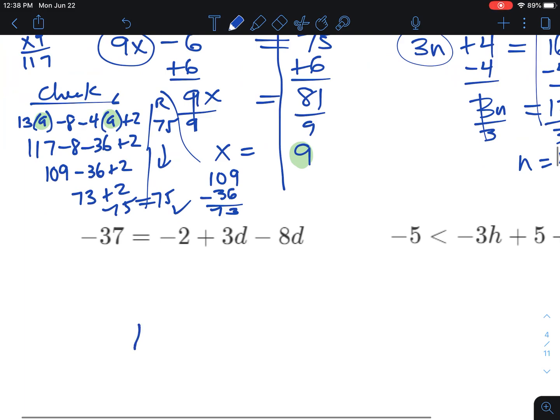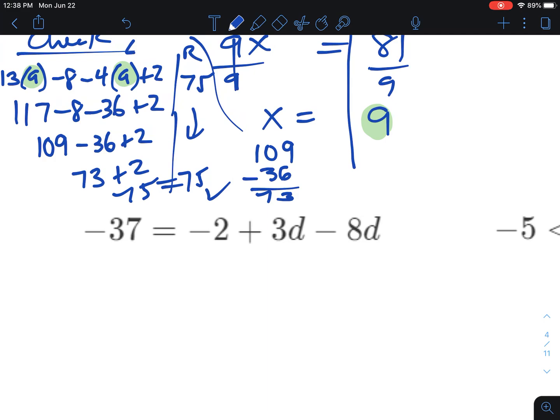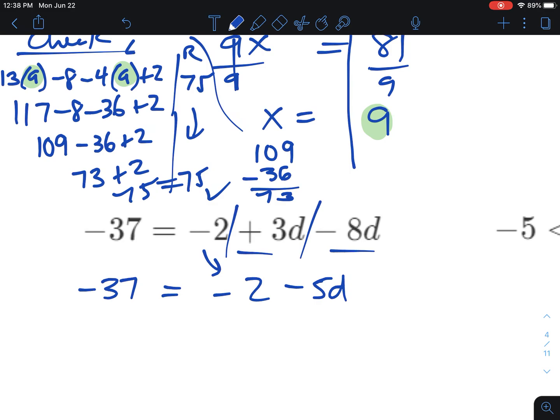For the next one here, variables could be on the right side instead of the left, doesn't make a difference. Same basic idea though. We've got some variables put together. This makes negative 5d with a negative 2, equaling a negative 37. Now, if you like the variables on the left side, you can always move things around. You can always put them over here and write them first if that's easier.